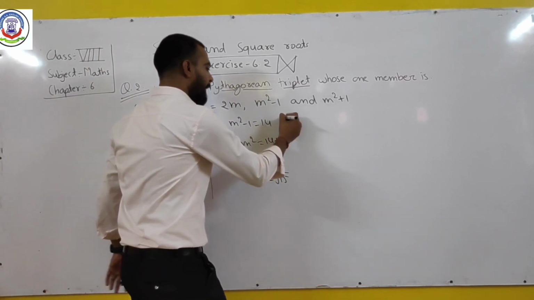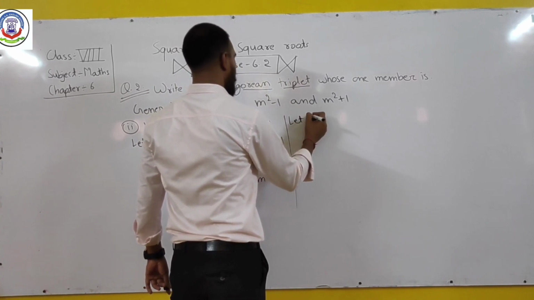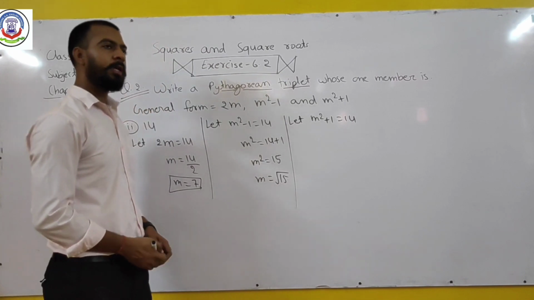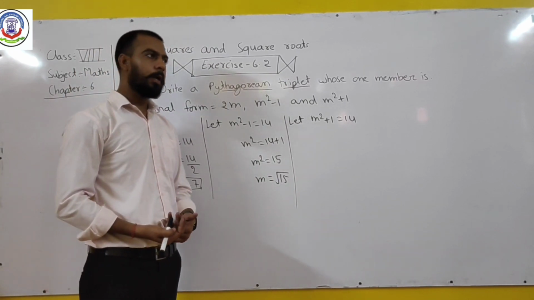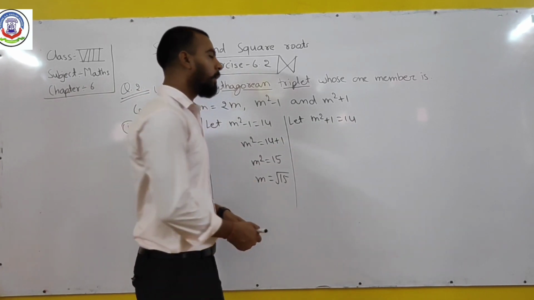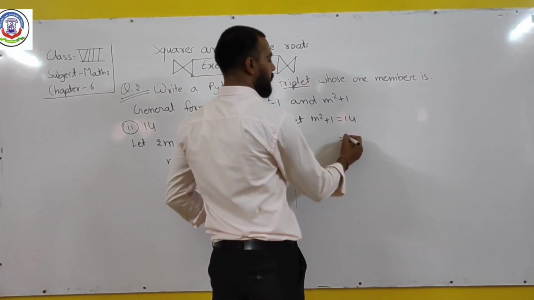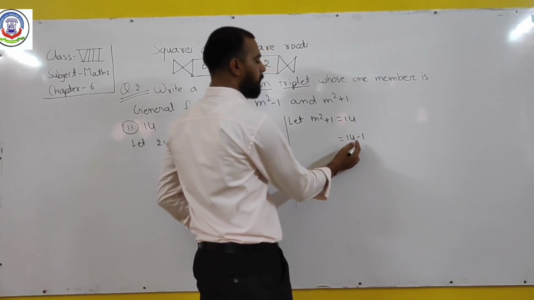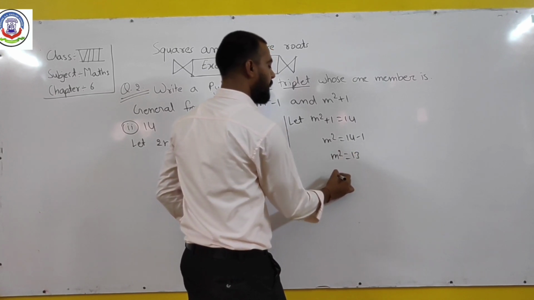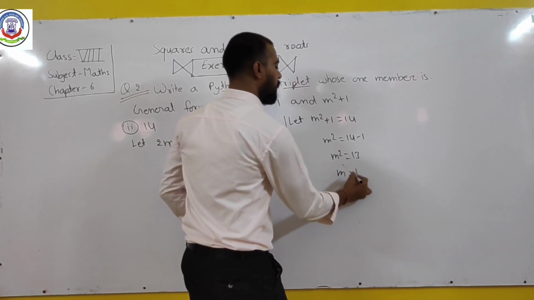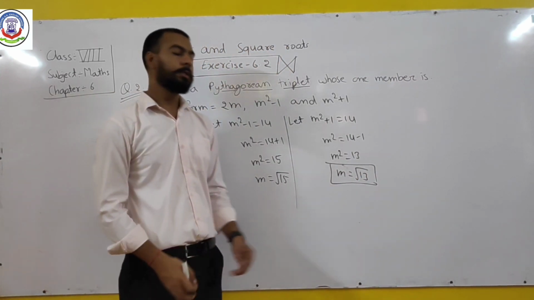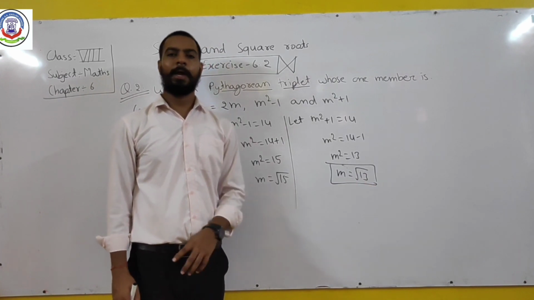Okay, let m square plus 1 is equal to 14. That means let's assume 14 is the third member. For that we have to write m square plus 1 is equal to 14, and take this 1 to that side. 14 minus 1 will be 13, and the value of m will be root 13, which is not possible because root 13 is not an integer.